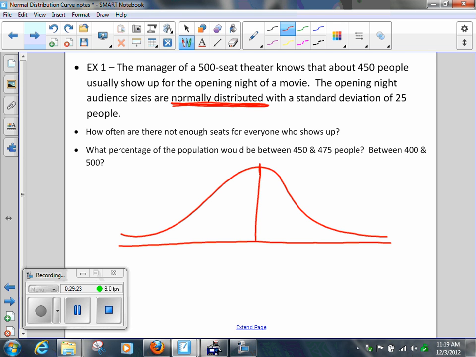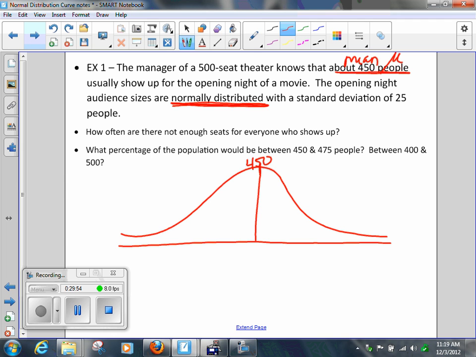I'm going to just draw a line straight down through the middle because it does act as our line of symmetry. Go back into the problem and think, what is the mean? Are we told our average, our mean? 450? It says about 450 usually show up. So that is our mean, which is our mu. I'm going to put 450 up here.